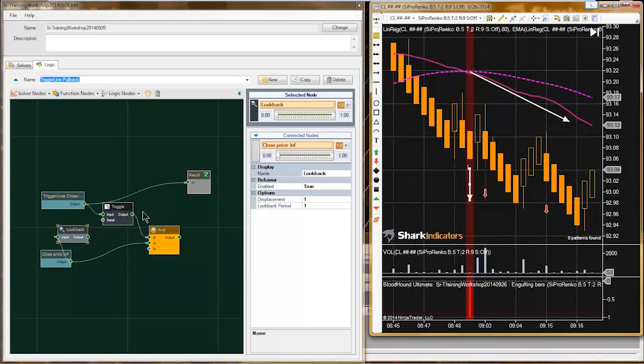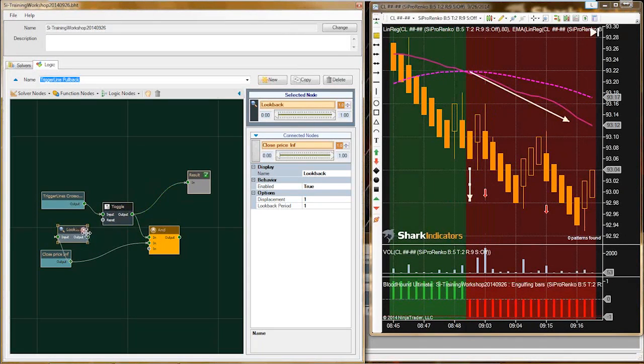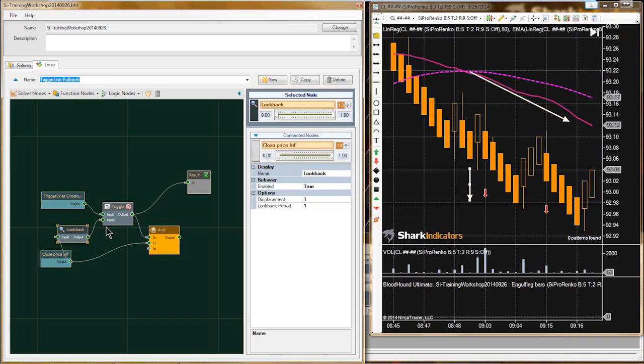So that's what happened: the toggle node actually got turned off on the same bar that it got turned on, and it killed everything.